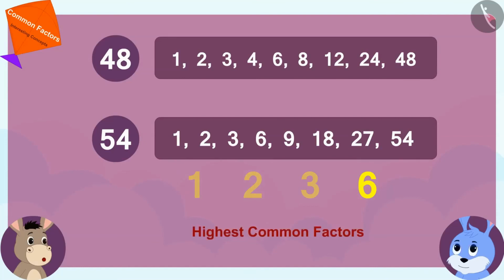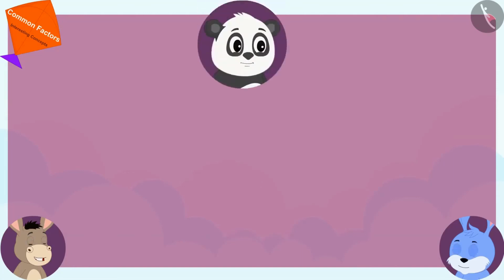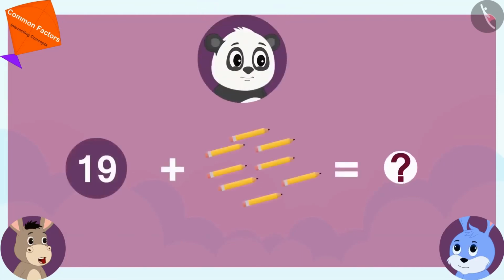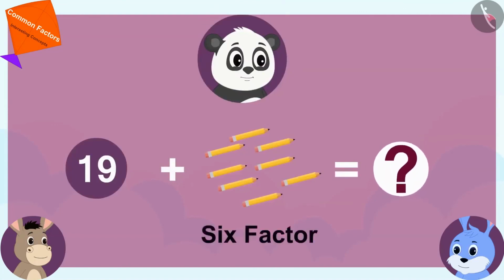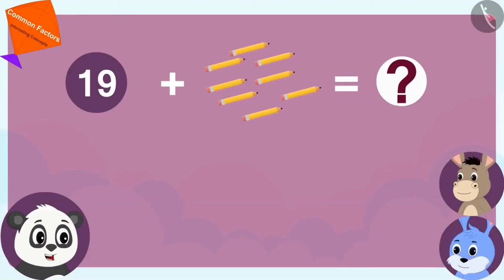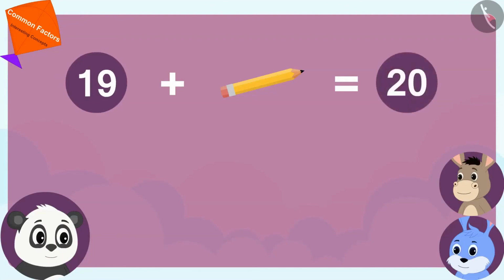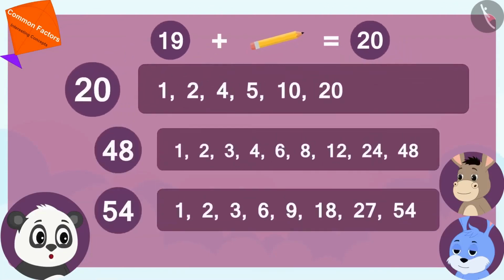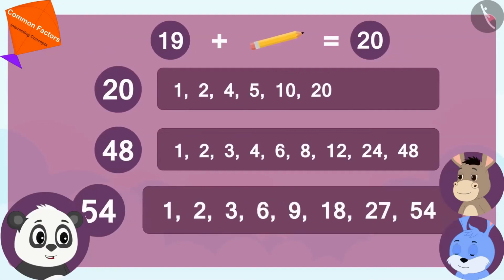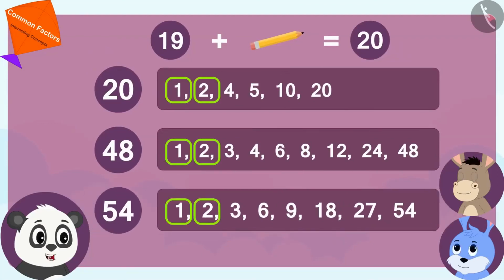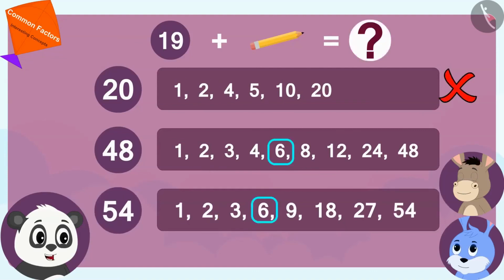So, we have to increase the number of Golu's 19 pencils in such a way that even that increased number has 6 as a factor. If I add one more pencil to these 19 pencils, then the total is 20 pencils. But 20, 48, and 54 do not have 6 as a common factor.